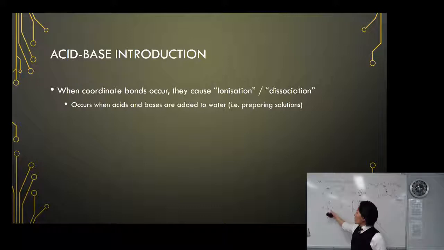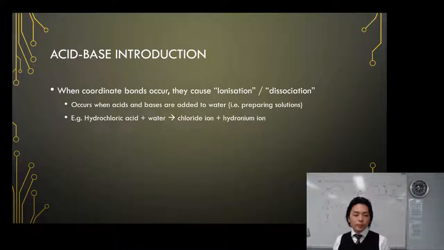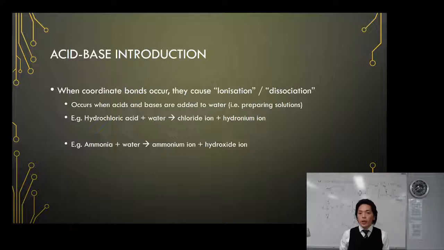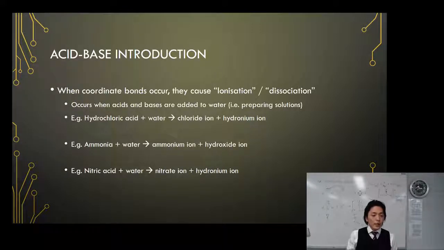Acid was added to, in this case, a base. And there are 3 examples that I would like to write down. First one is hydrochloric acid and water, ammonia plus water, and lastly nitric acid and water.